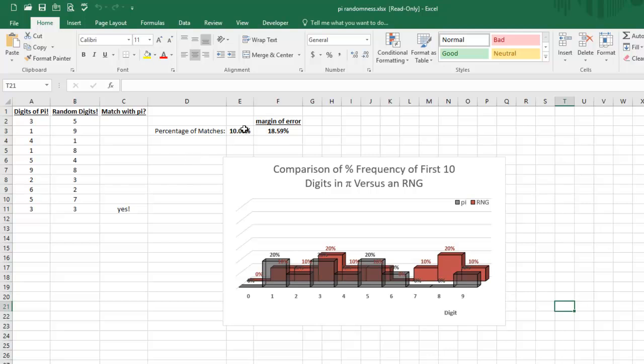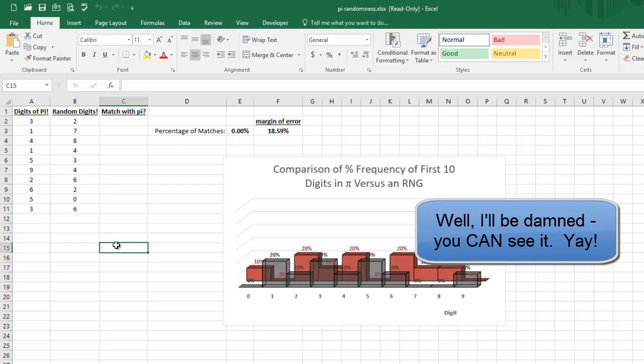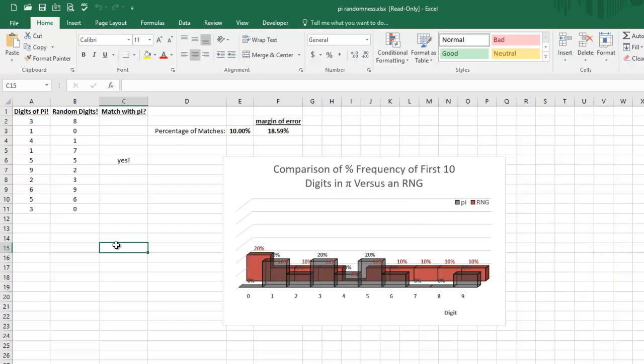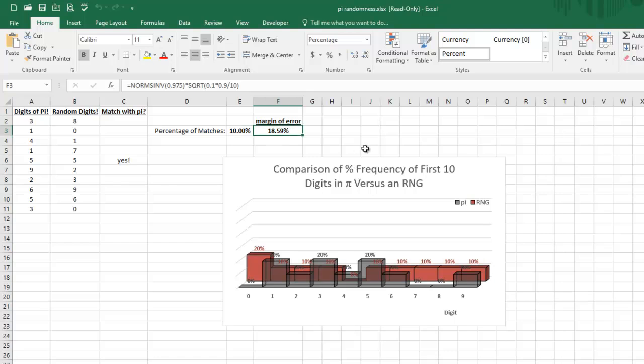For 10 digits right now, unfortunately, if I'm hitting F9, I don't think you're actually seeing anything change. There's something weird with my little computer recorder here, and it's probably not showing you what's actually going on. So I'm going to have to just trust that you're doing this correctly yourself. If you take 10% and add and subtract the margin of error from it, clearly 10% is going to be in there. So we know it works for 10 digits.